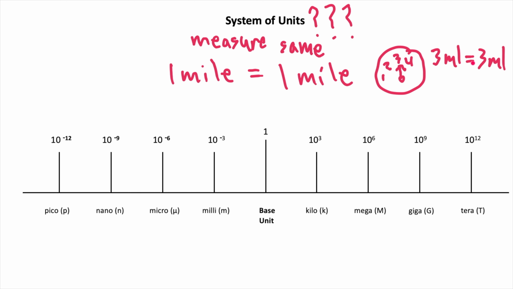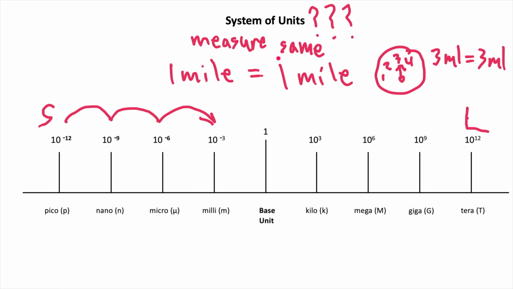The goal in using different units is to maintain simplicity and precision when we are describing something large and small. On the right side of the table, we have the larger values. On the left side of the table, we have the smaller values, and they progressively get larger from left to right, as you can see here.